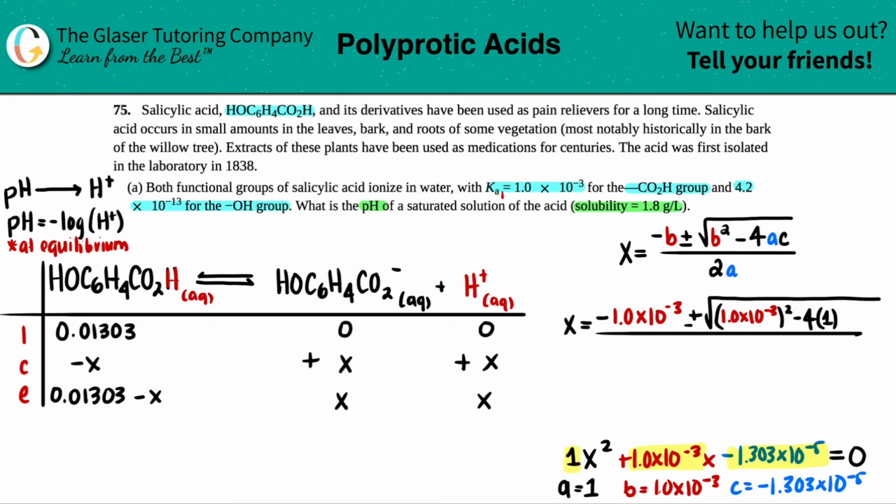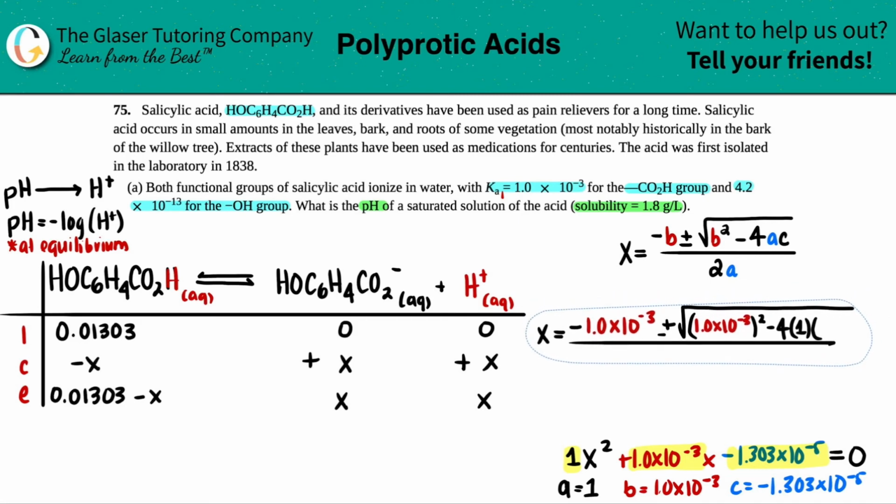So basically we don't even have to do that. And then times c, which is, if I just grab this over here, I think now I have a little bit more room, negative 1.303 times 10 to the negative fifth. Okay. And now this is all divided by 2.